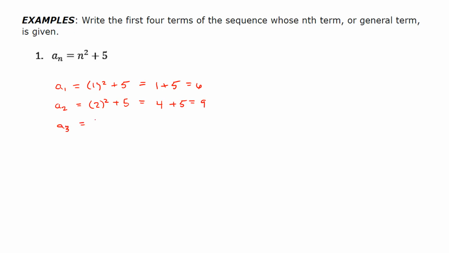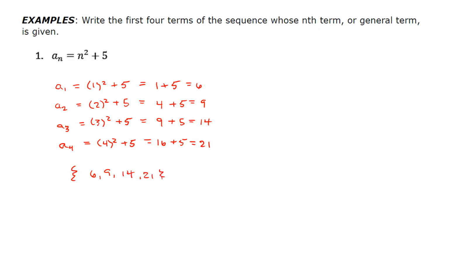And we'll take 3. That's 9 plus 5 equals 14. And then we'll take 4 and substitute 4 in. 4 squared plus 5, that's 16 plus 5 equals 21. So our first 4 terms would be 6, 9, 14, and 21.